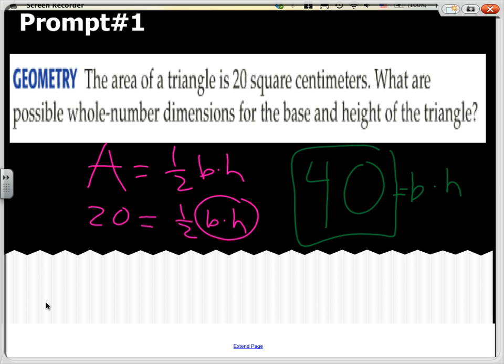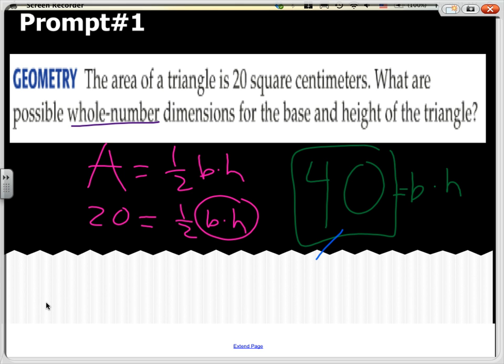So what I'm asking is, can you give me all possible, notice I'm saying whole number. Whole number means no negative and, of course, no zero, right? In this case, we don't want to have zero there because if you have zero, then you end up with a zero area. So can you give me all possible combinations of different bases and different heights to make up 40? Give me one. Yes, Jenny.